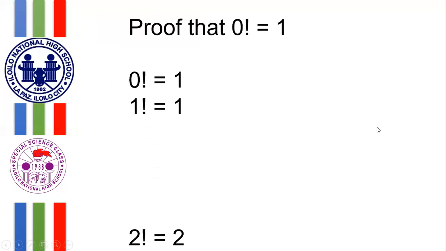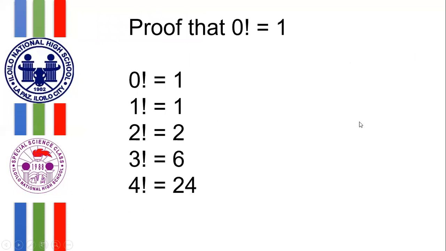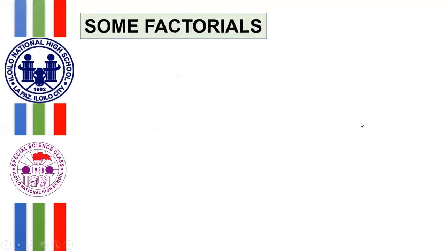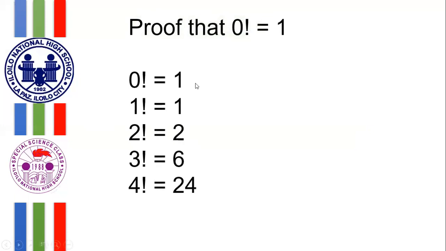So I have here some of the factorials this way. Now, we will work backwards. Take a look at this pattern. If I divide 24 by 4, that's 6. So we have here 6. 6 divided by 3 will give you 2. So we have here 2. 2 divided by 2 will give you 1 here. 1 divided by 1 will give you 1.